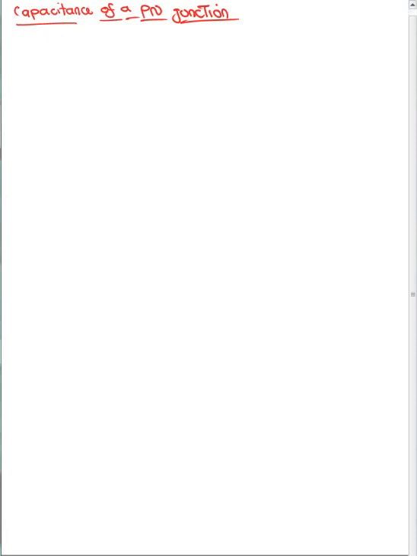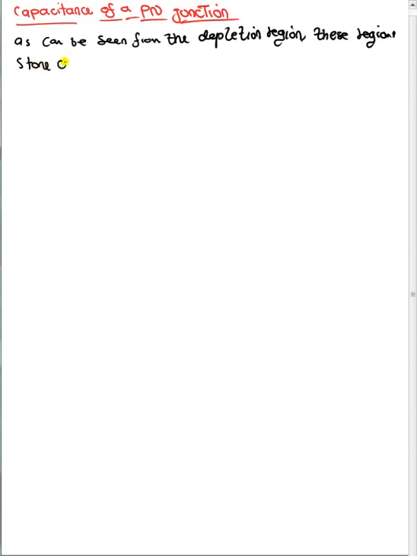So let's write that. As can be seen from the depletion region, these regions store charge and have a potential difference across them.